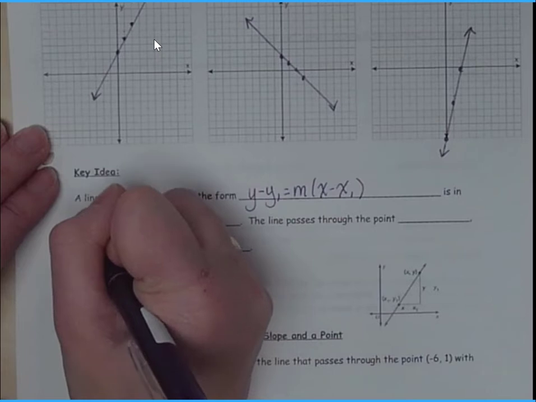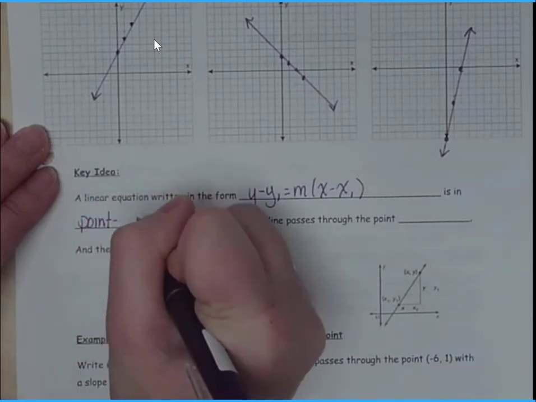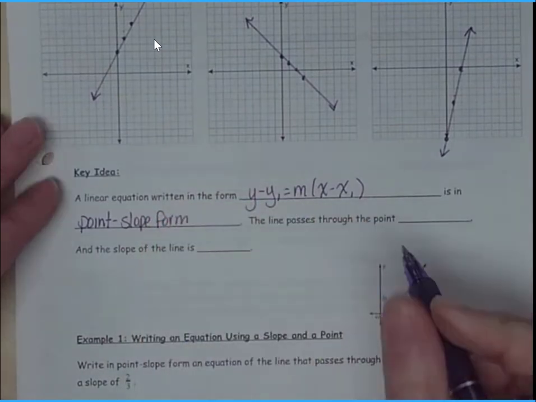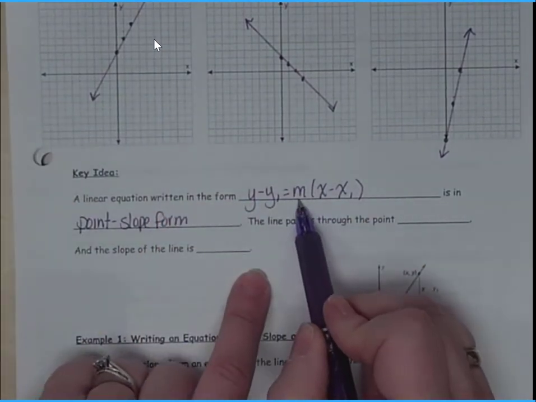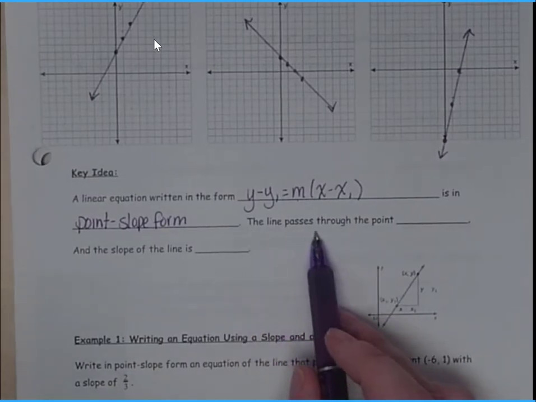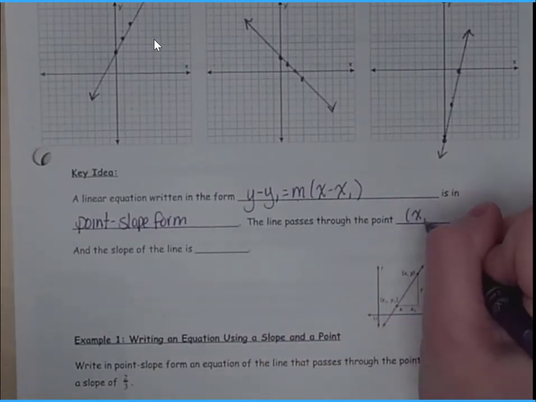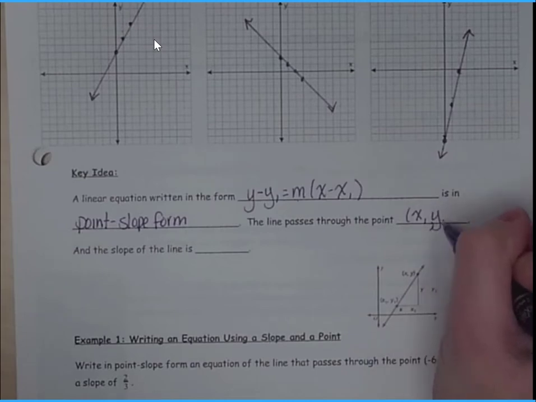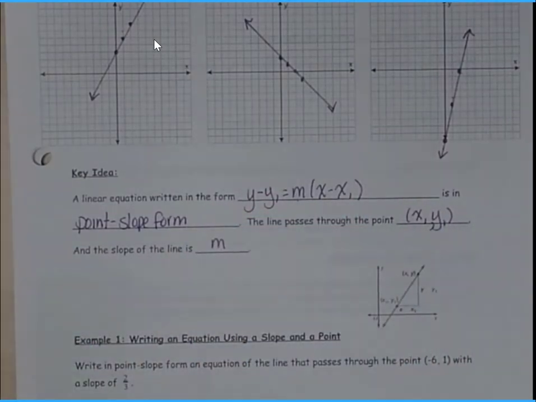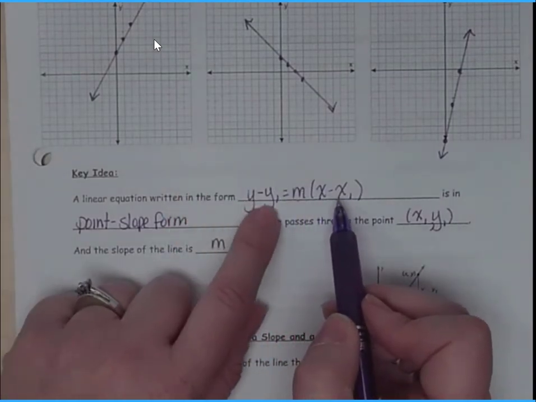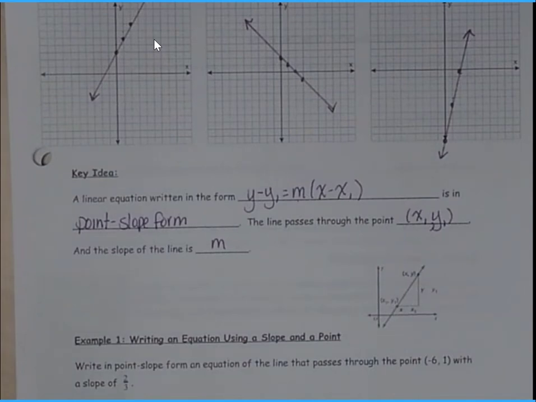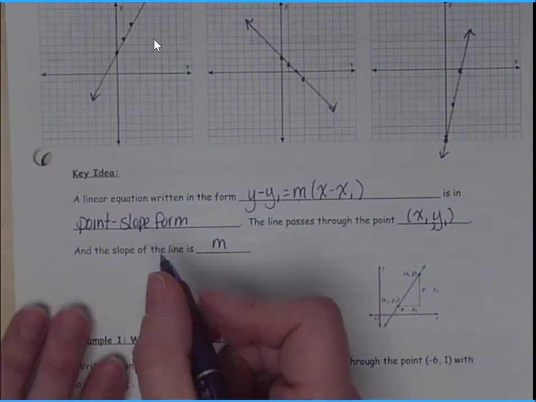Now, this is what we call point slope form because we'll need the slope and a point. I want to know about the line that passes through a point x1, y1 and has a slope of m. So I'm going to replace a point with x1, y1 and replace the slope to get my equation.